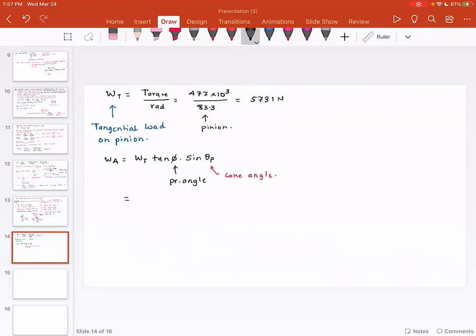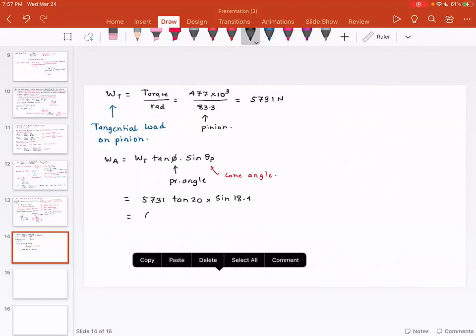So this equation is 5731 tan of 20 degrees multiplied by sine of 18.4 degrees. This gives us 660 newtons. So this is the horizontal force or the axial force.